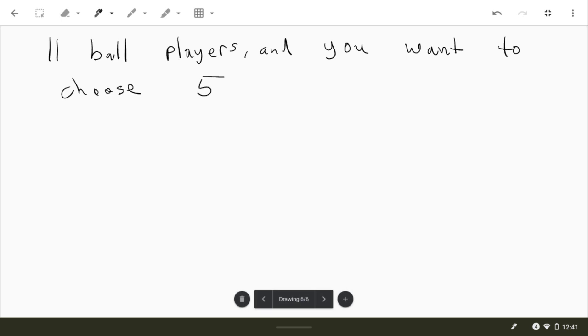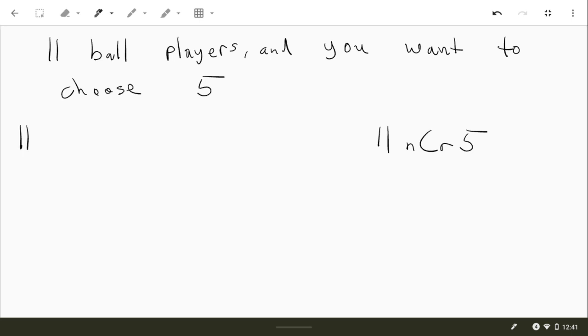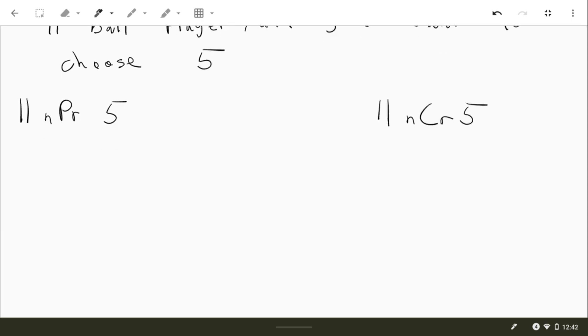Now, in normal circumstances, I'm pretty sure we would really just be concerned with the combination formula, because when you're putting 5 players out on the court, the order in which you put them out there probably doesn't matter. So we really just need to know this 11 choose 5, but we're going to have to do the permutation side as well. So 11 nPr 5.